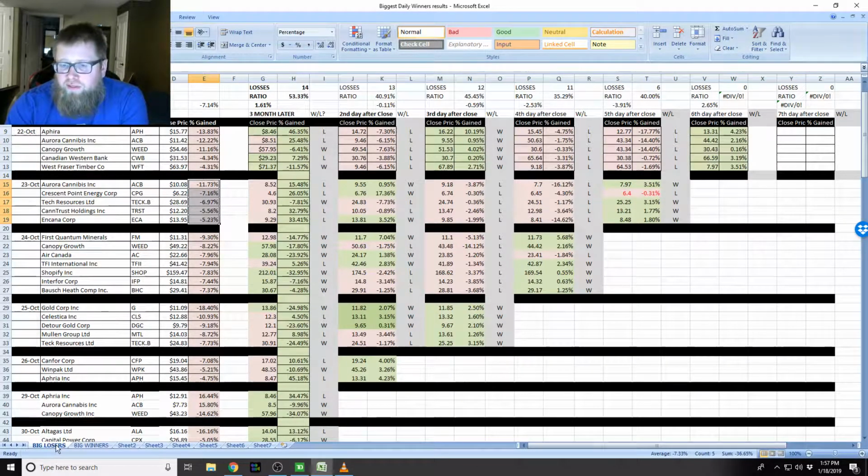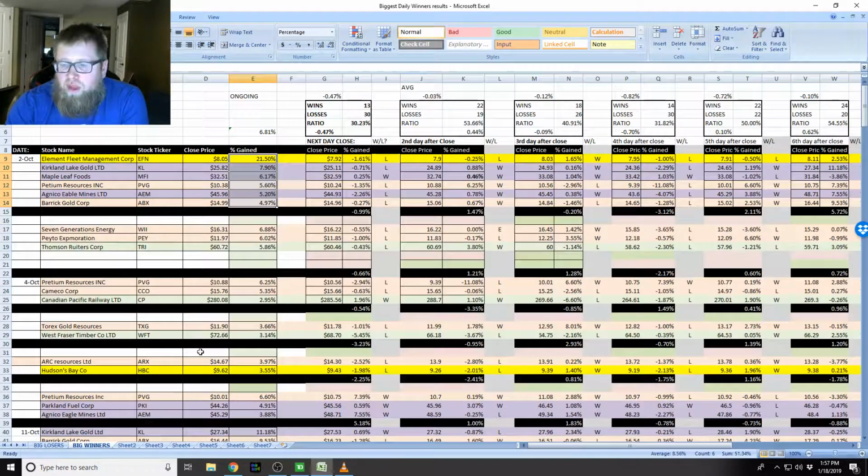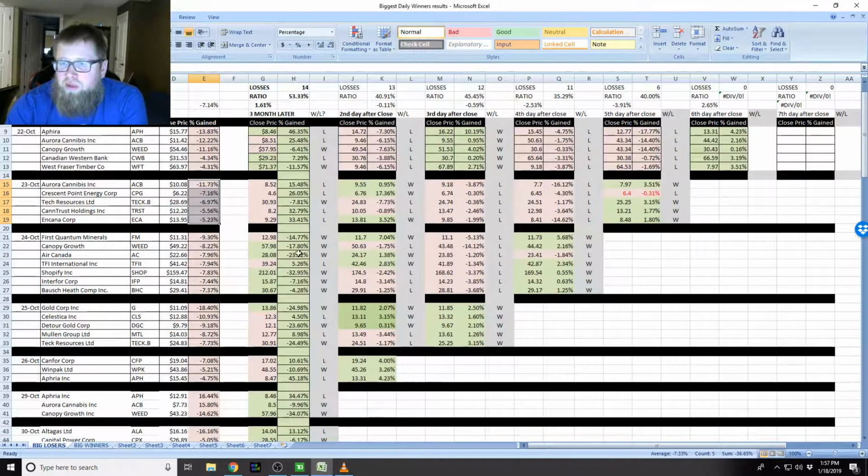Now what I have found is over a 3-month period, the stocks that started off as the biggest winners of the days have outperformed the stocks of the biggest losers of the day. So I'll start with the biggest losers, and these are the opening stock prices right after they had their big loss.